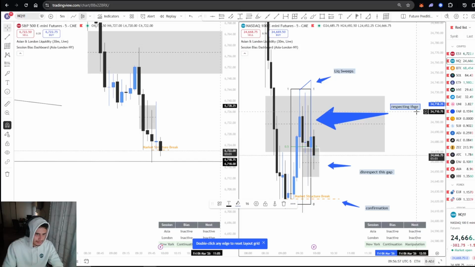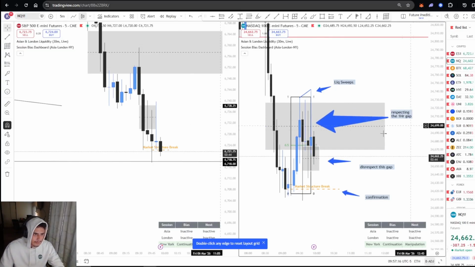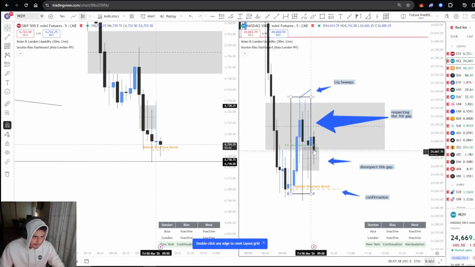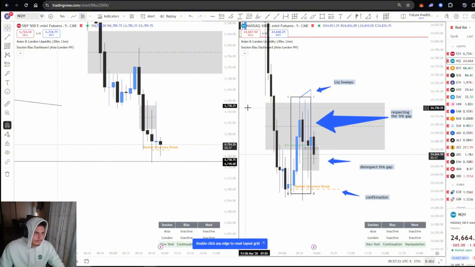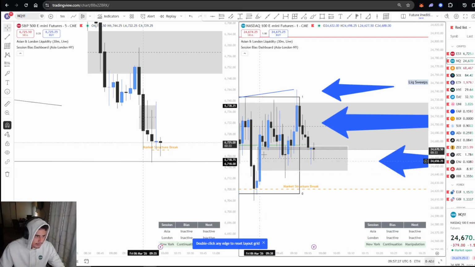Respecting the 1 hour gap. There you go. Liquidity sweeps, push back down, respected the fair value gap. Now we see this 1 minute fair value gap from this candle to this candle.